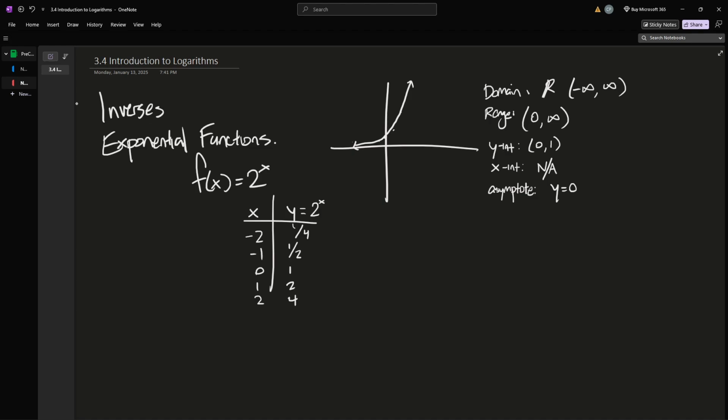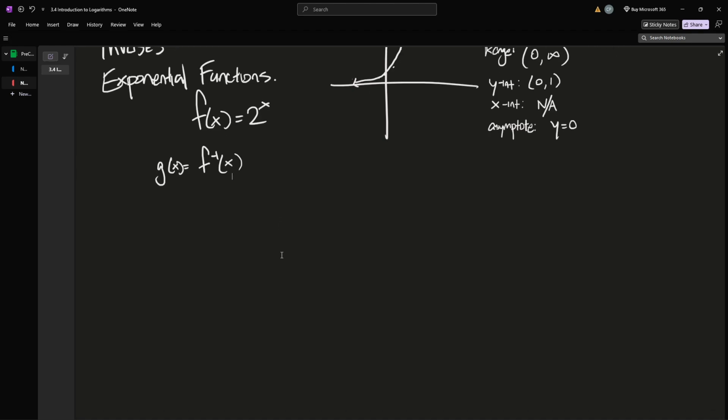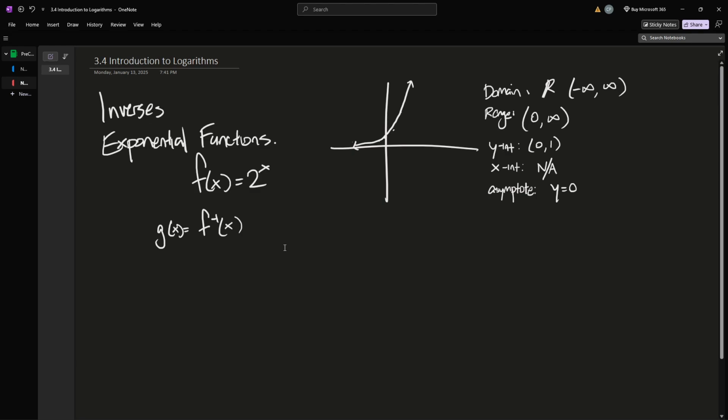Now, why do we go over this? Because what we're going to learn now is the inverse of exponential functions. So to inverse this, a quick reminder, inverses with, let's say we have a g of x equals f inverse of x.